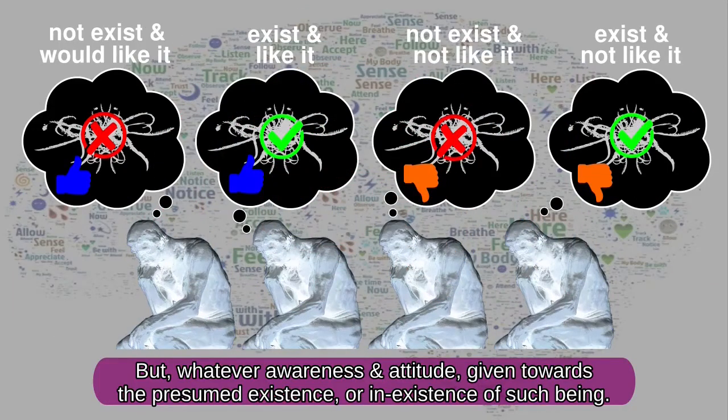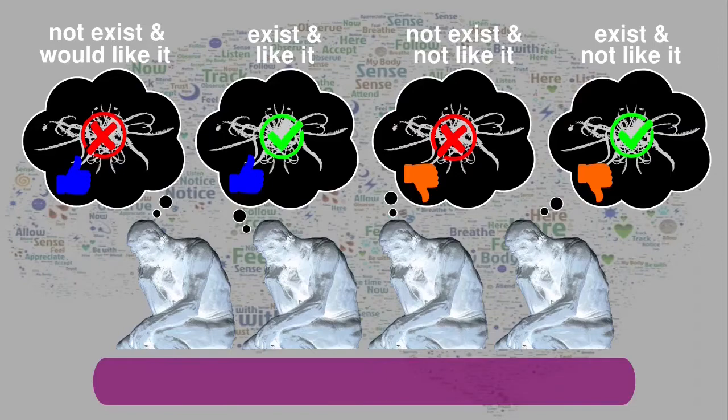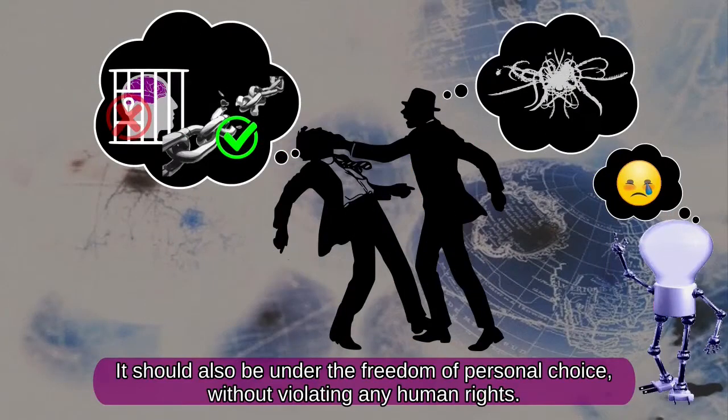But whatever awareness and attitude given towards the presumed existence or inexistence of such being, it should also be under the freedom of personal choice, without violating any human rights.